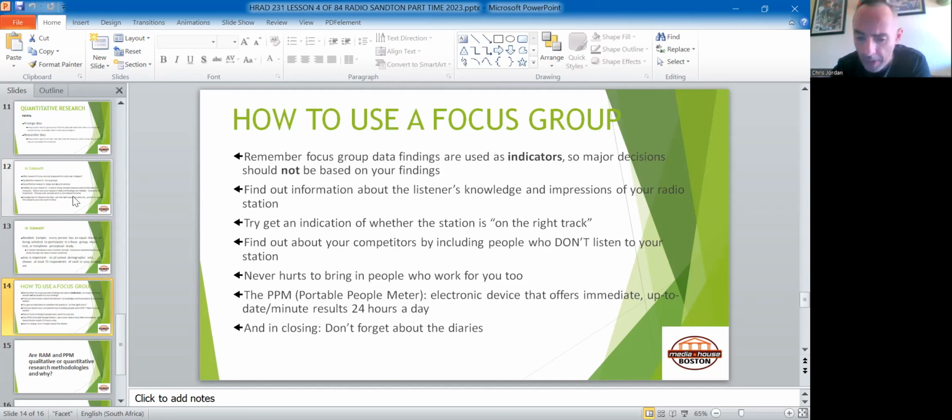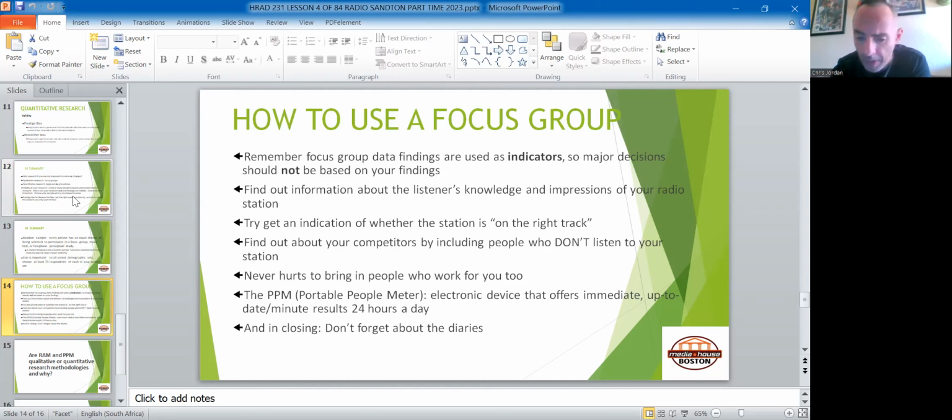So there's the question of the day: are RAM and PPM qualitative or quantitative research methodologies? Why? I think that's pretty easy to answer by now.